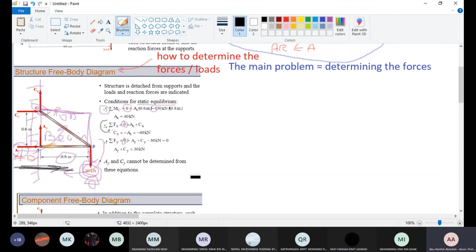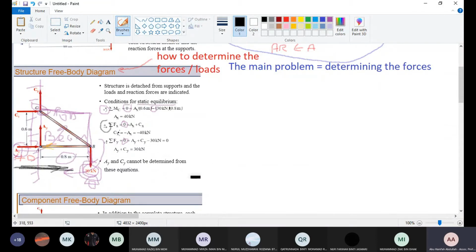We say positive if we go to the right side. So AX is positive, plus what else? Plus we have CX, also positive, and it equals 0. Do we have anything else along the x-axis? No, only CX and AX.